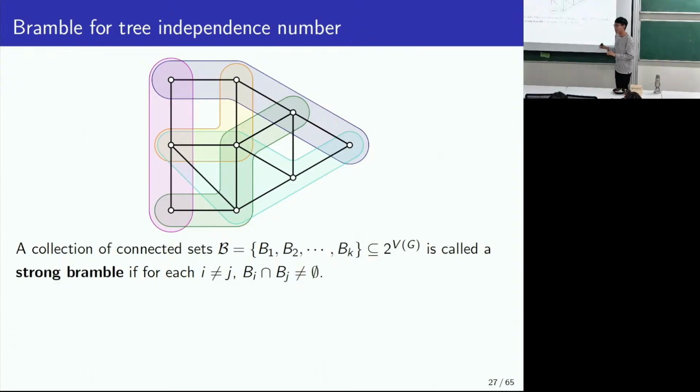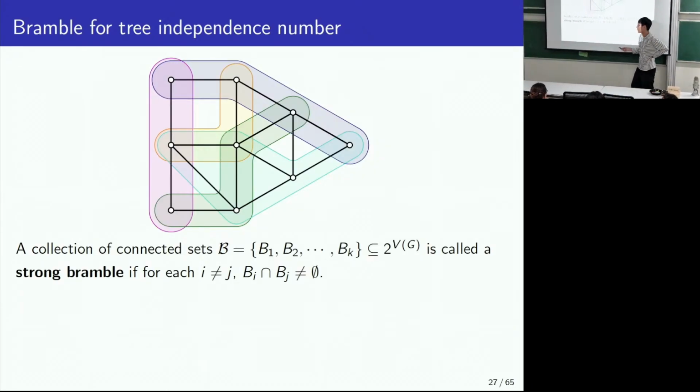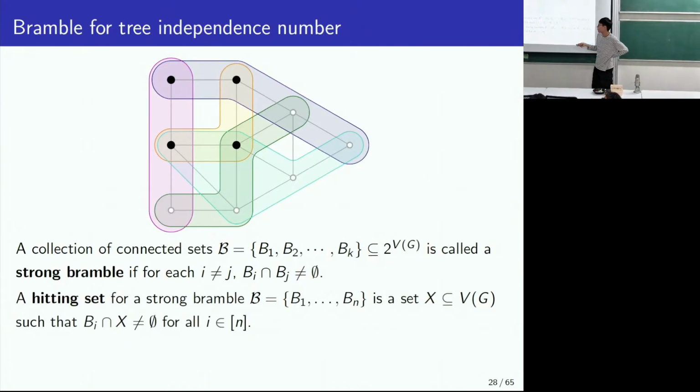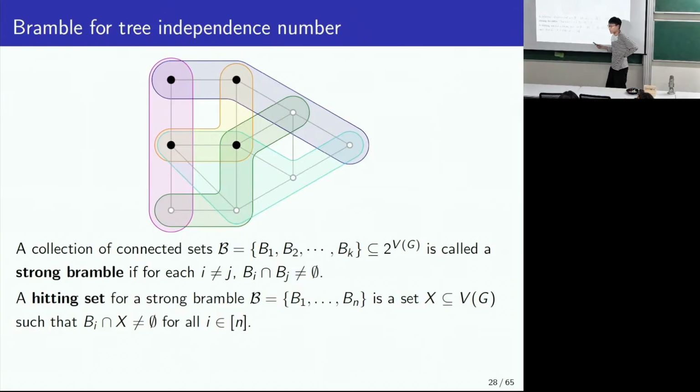This means that two bramble elements may not intersect, but there may be an edge that has one endpoint in one bramble element and one in the other. But here, for technical reasons, we only consider this strong bramble. And a hitting set for a strong bramble is a vertex set that meets all bramble elements.